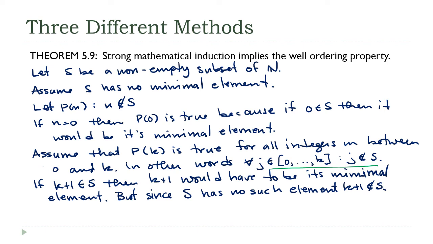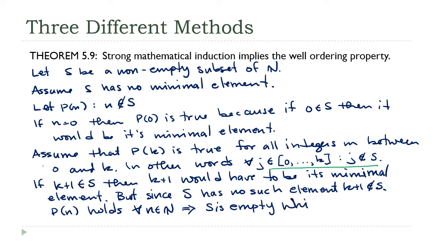So this means that strong induction implies that P of n holds for all natural numbers n, which implies S is empty, which is a contradiction.